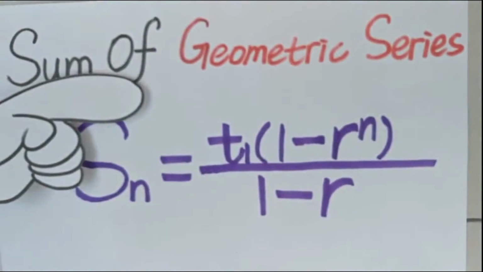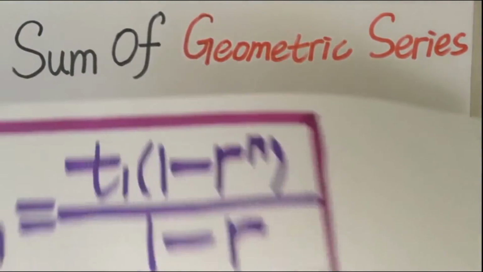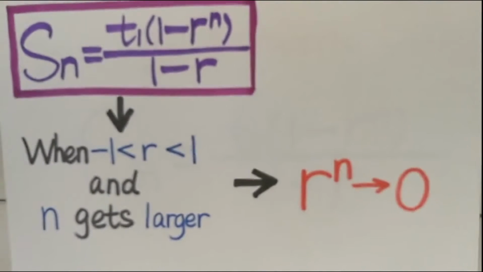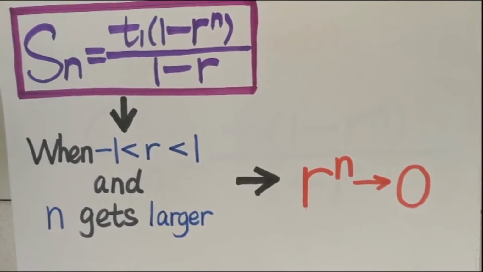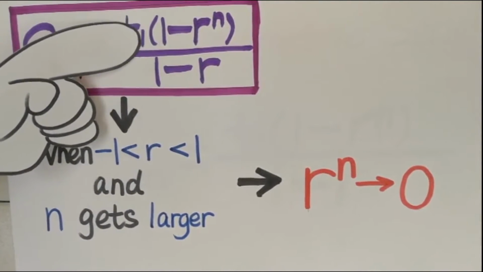After knowing the definition of convergent and divergent series, consider the formula for the sum of geometric series from section 1.4, which is Sn equals t1 multiplied by (1 minus r^n) over 1 minus r.